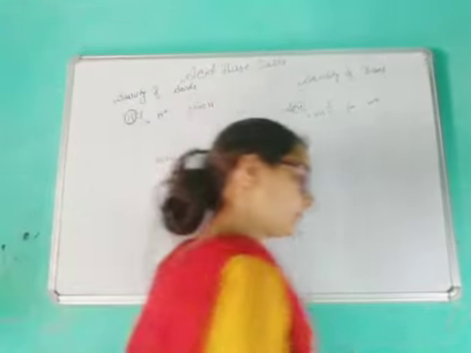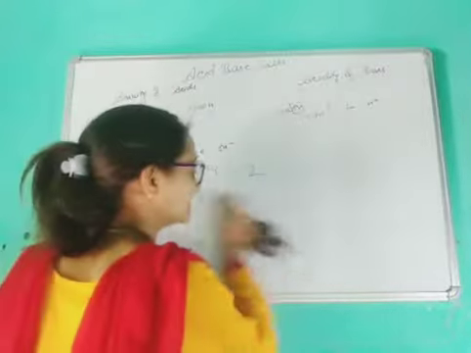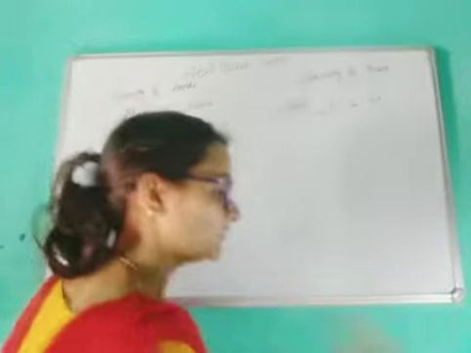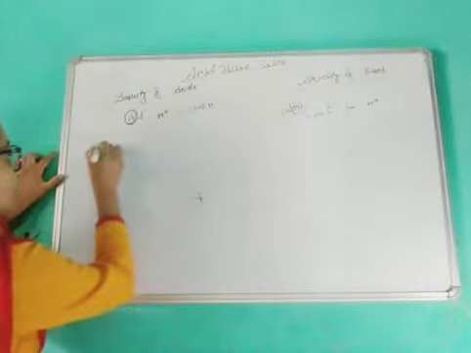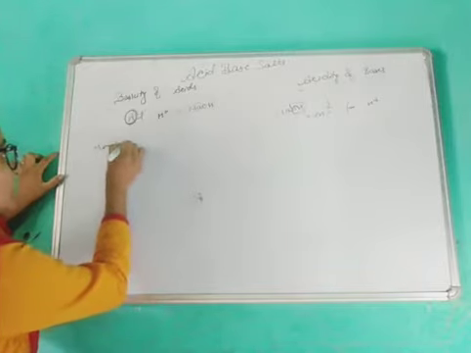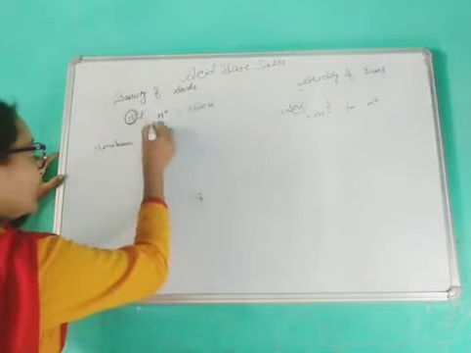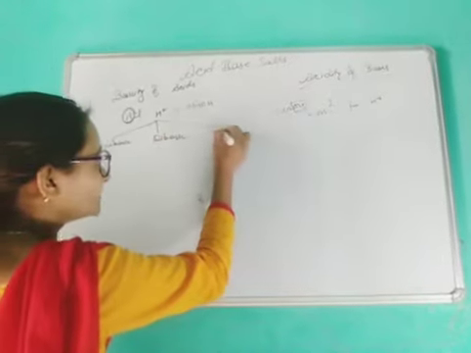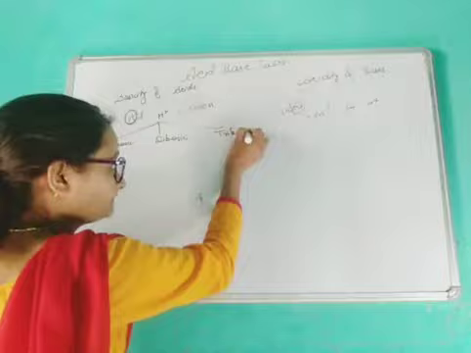I hope you are understanding it. Now see, according to the basicity of acids, there are 3 conditions. First one is monobasic, second one is dibasic, and third one is tribasic.